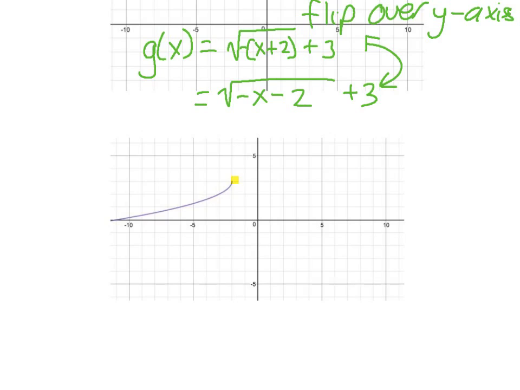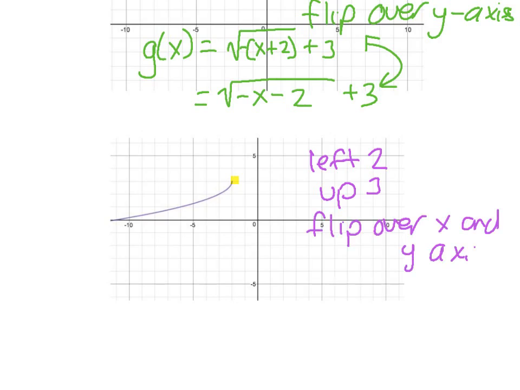And that vertex is going to be at negative 2, 3. So what I know is that my vertex from 0, 0 went to the left 2 and up 3. Now because it's going down and to the left, it's going to be a flip over the x and y-axis.